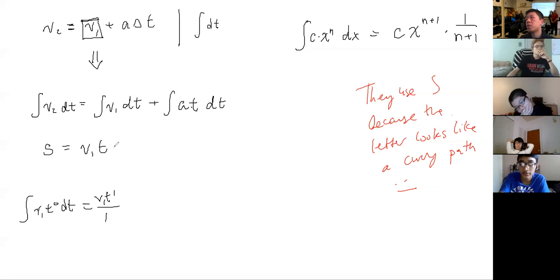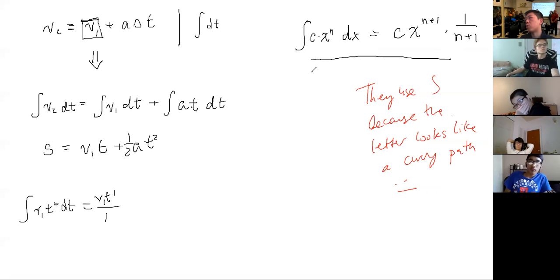So v1t plus the integral of at dt. And then this is going to be a times t squared, but then you have to multiply that by 1/2 from our rule right here, which is called the power rule of integration.